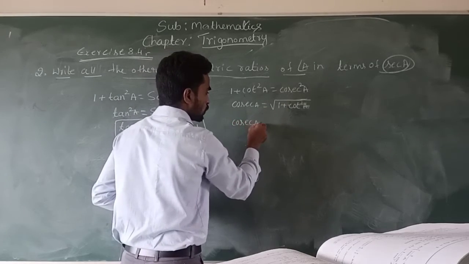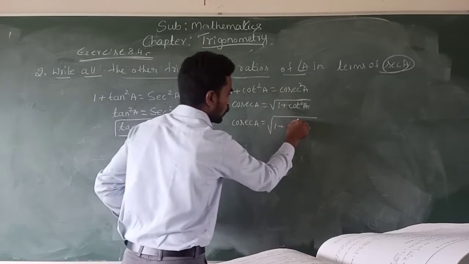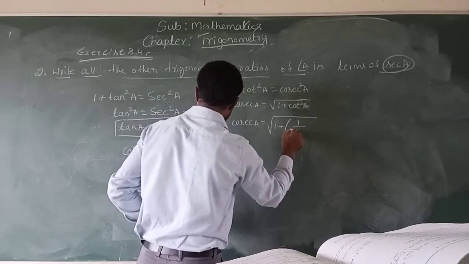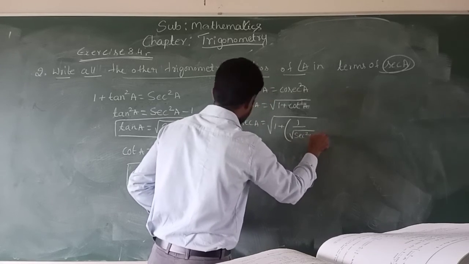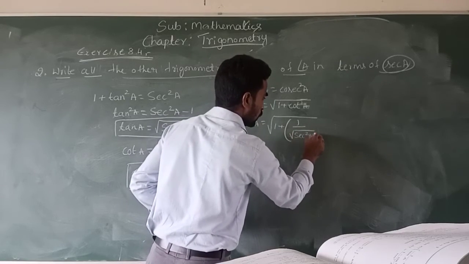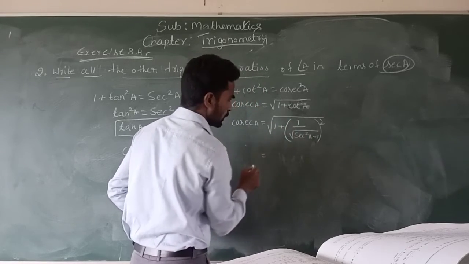We get cosecant A is equal to square root of 1 plus 1 divided by square root of secant square A minus 1, whole square. Now simplify this one.